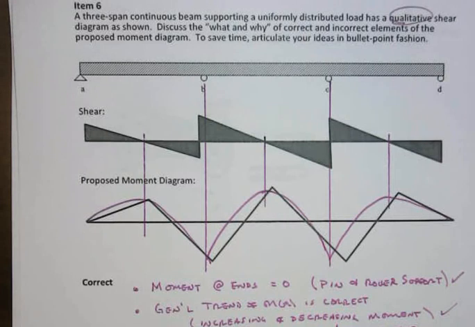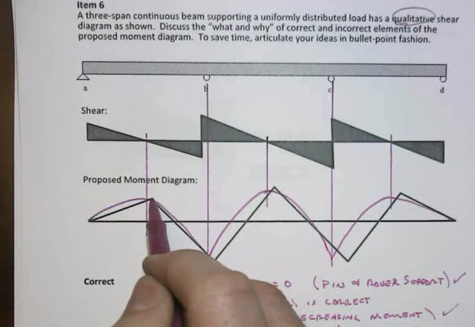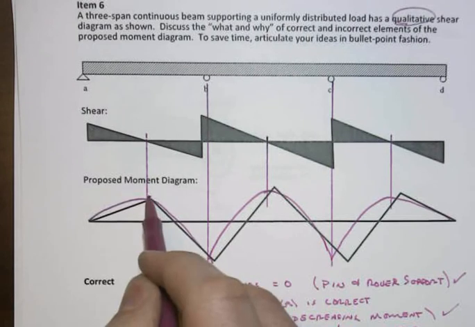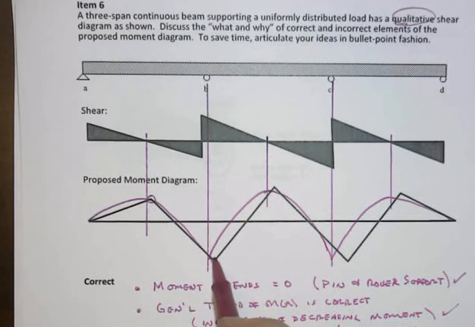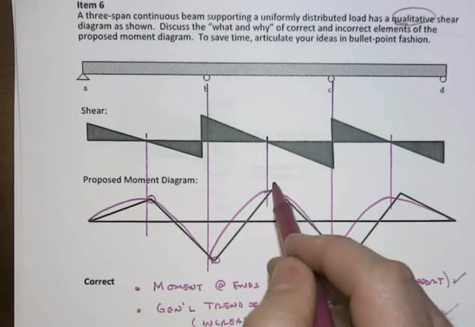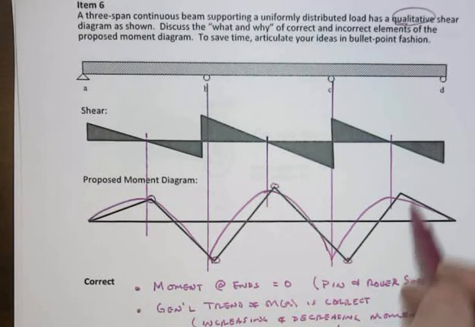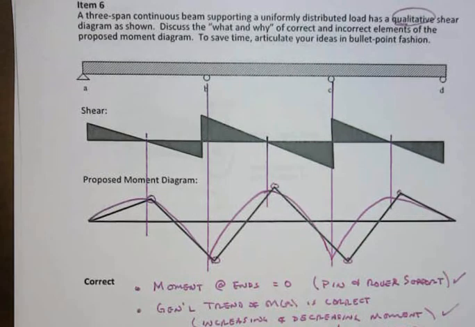Now, the other thing that some people have pointed out and wanted to talk about was, gee, shouldn't there be zero slope where we have the shear being zero? And they want to say that somehow this is correct, but really we have an undefined slope right at those points, right? We have a definite slope to the left and to the right, but right at that point we can't really say what that slope is.